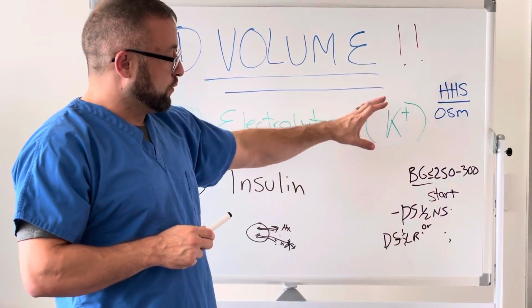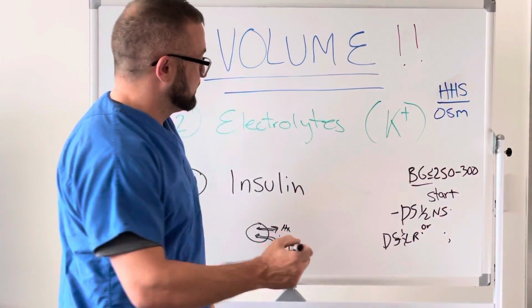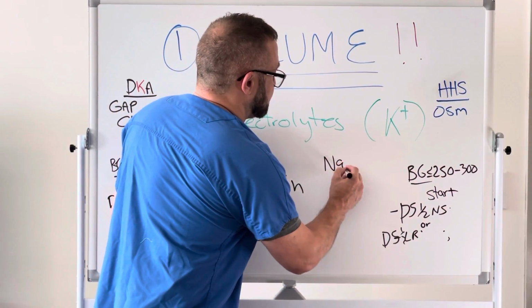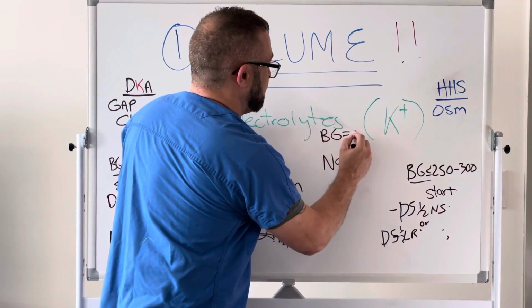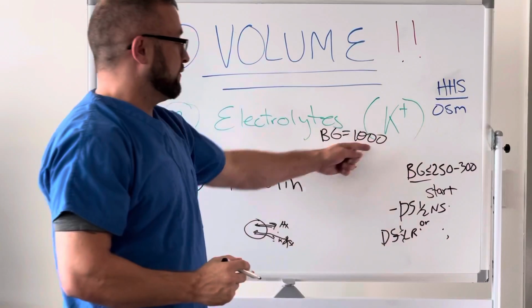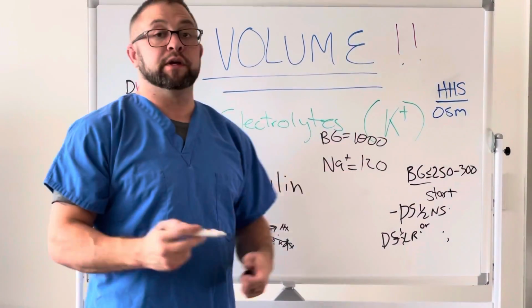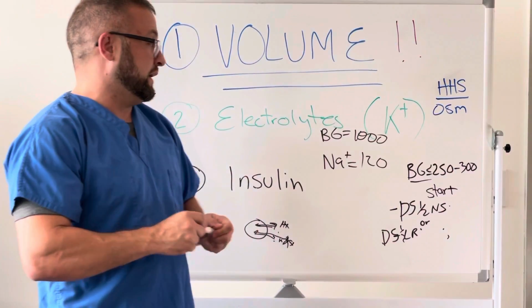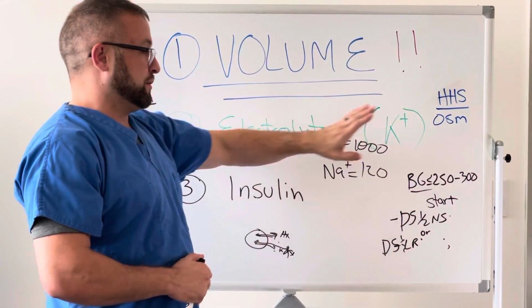So one other just useful clinical point before we close this, because we want to keep it as simple as possible, is a lot of times, especially in this, if you have this really high blood glucose, let's say you got one of 1,000, you'll get back your lab call for a critical on a sodium, and they'll say your sodium's 120. Now, this only works if your blood glucose is high. It's not because you're a diabetic.